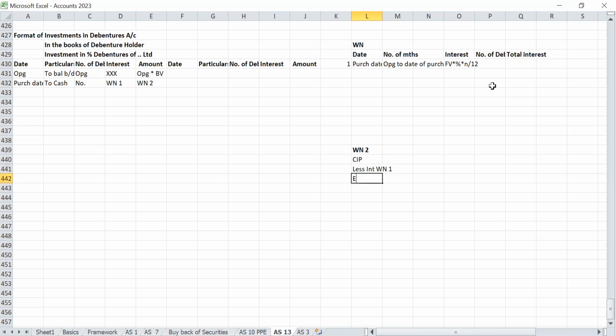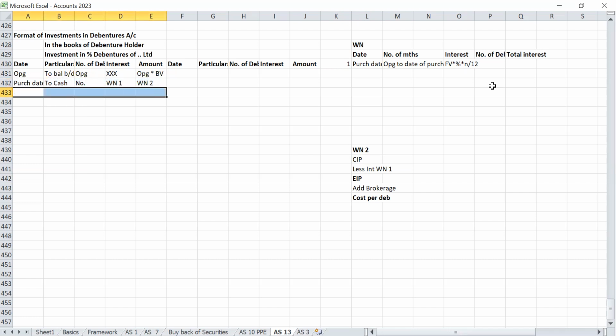If you deduct, you will get the ex interest price. On that ex interest price, you have to add brokerage as a percentage. This will be the cost per debenture. So working note number 1 is over. Like that you have to repeat whenever you are purchasing.